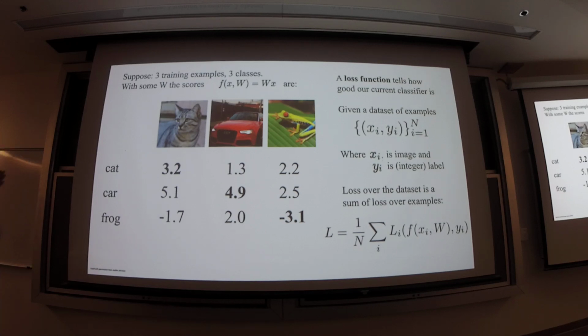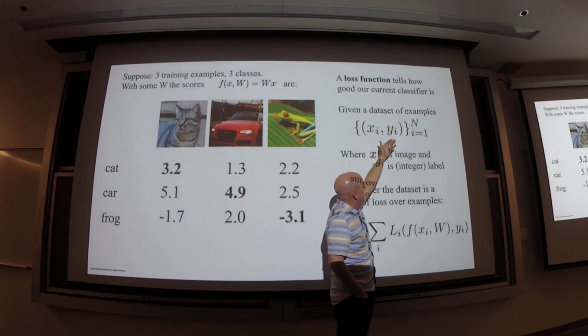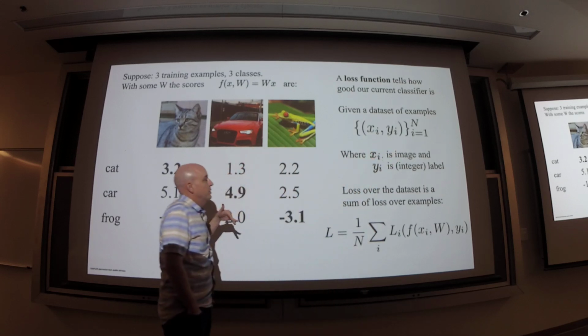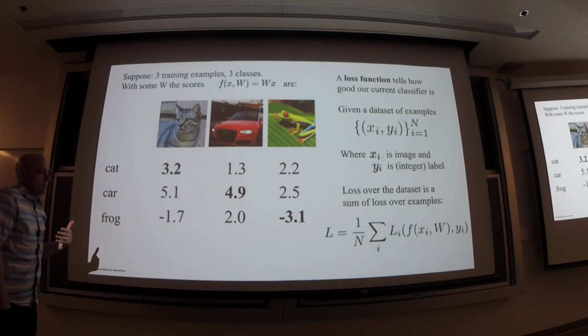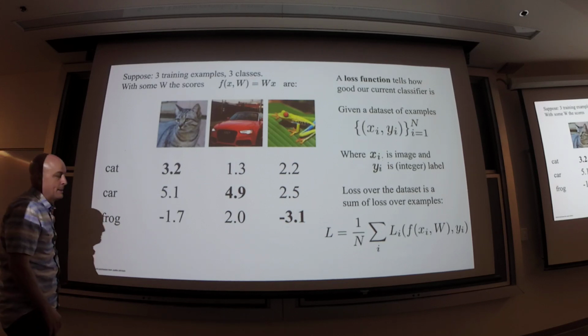A loss function, like it says up there, is some way of telling how good the current classifier, or the configuration of parameters we have, is for the problem we're working on. And this problem, remember, is dependent on the data. Given our data set, which is a pairing of input, in this case the images, and output, the correct label, we want to express some notion of how well we're doing over this entire data set.